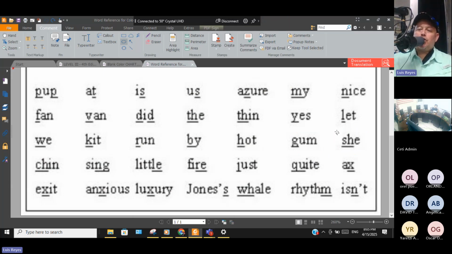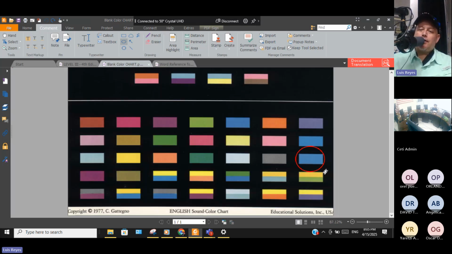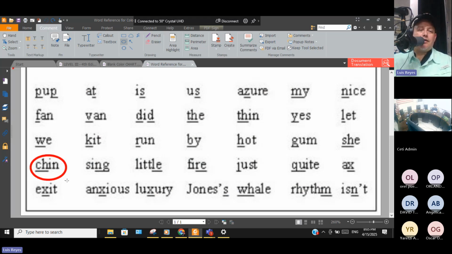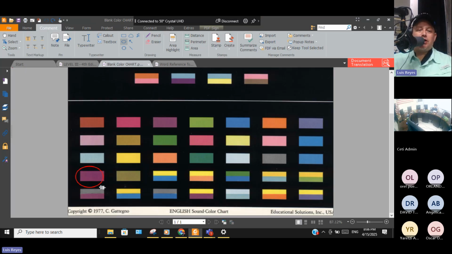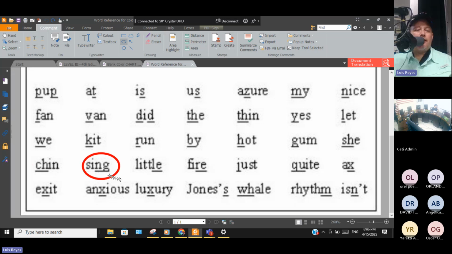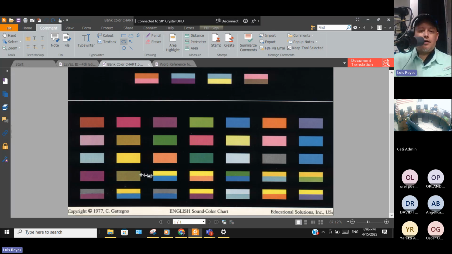Sheep, sh, S-H-E-E-P, sh on the color chart. Chin, ch, C-H-I-N, ch on the color chart. Sing, ing, S-I-N-G, ing on the color chart.